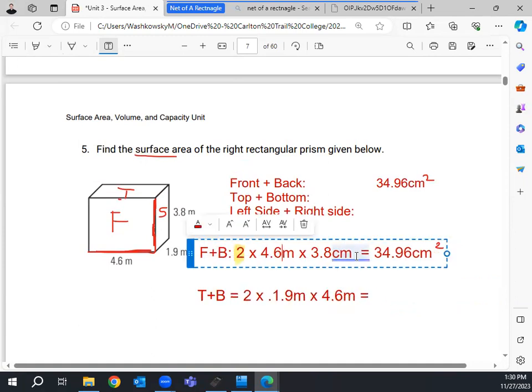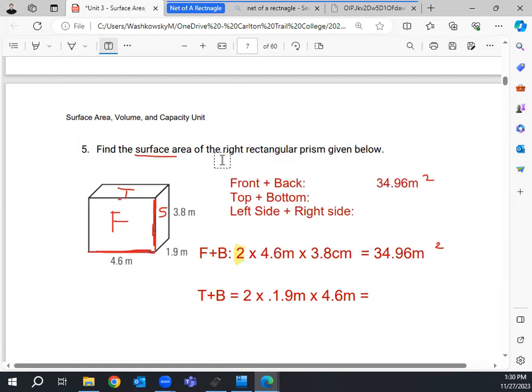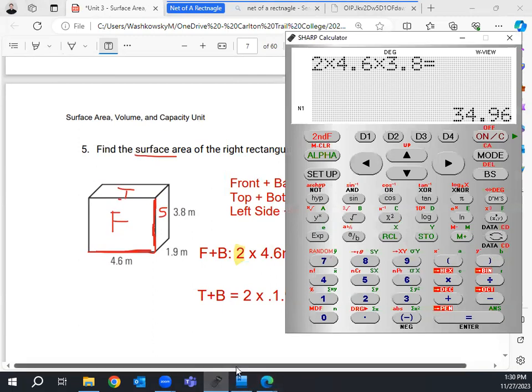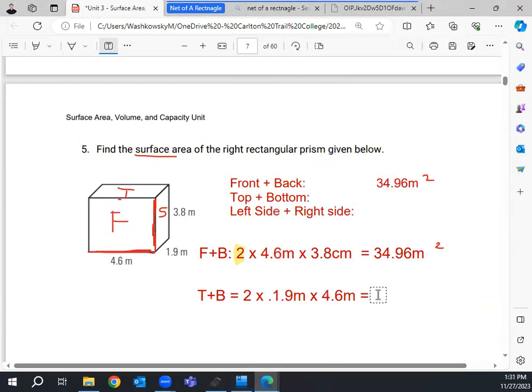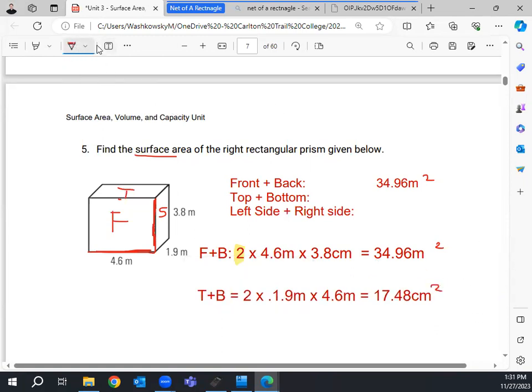It'll still be the same numerical answer. If you do 1.9 times 4.6 times 2, you should get 17.48 meters squared.